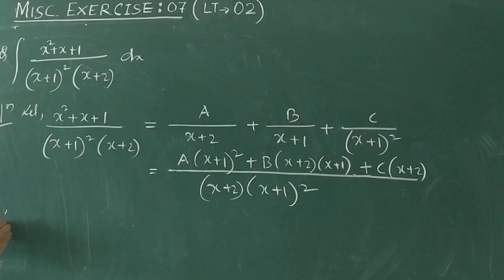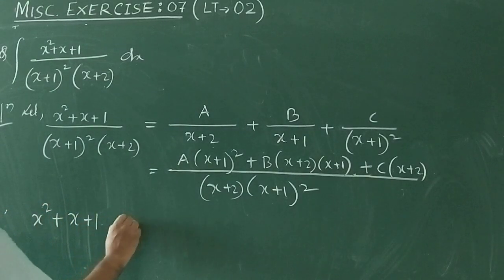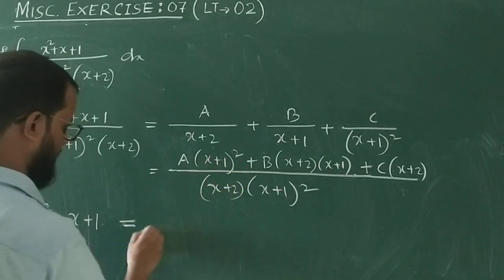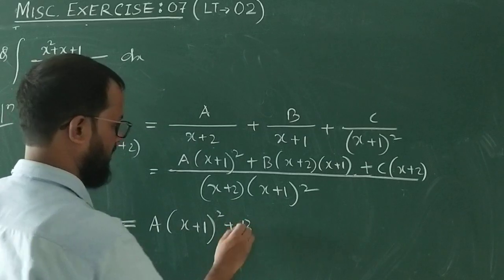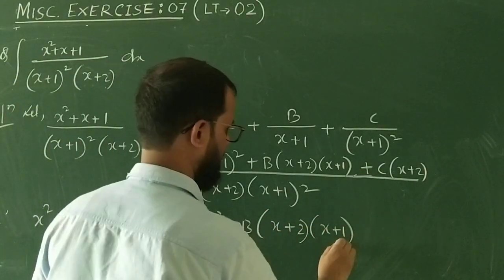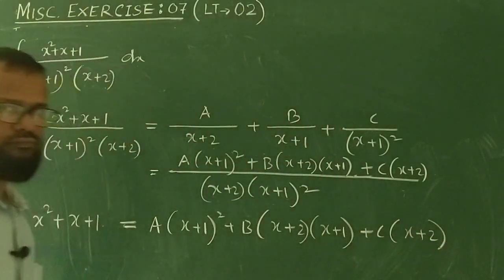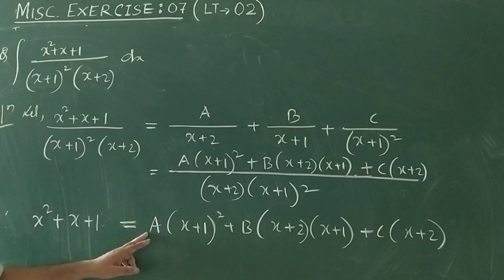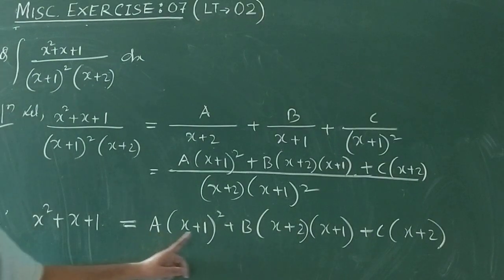Left hand side numerator is x square plus x plus 1, equal to the right hand side numerator: a into x plus 1 whole square plus b into x plus 2 into x plus 1 plus c into x plus 2.